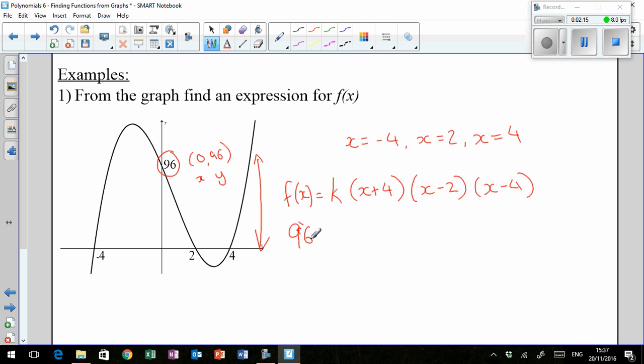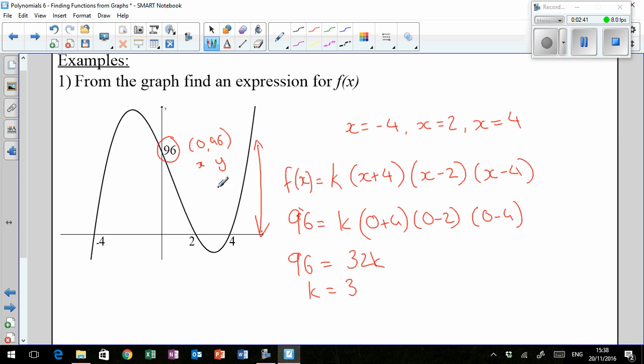So 96 is equal to k times (0 plus 4) times (0 minus 2) times (0 minus 4). So 96 is equal to, well, that's just 4, that's just minus 2, that's just minus 4. So minus 4 times minus 2 is positive 8, times 4 is 32. So 96 is equal to 32k. It's dead easy, means k is 3.